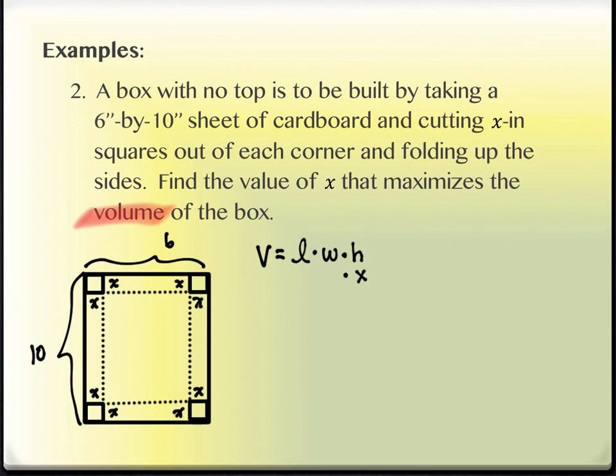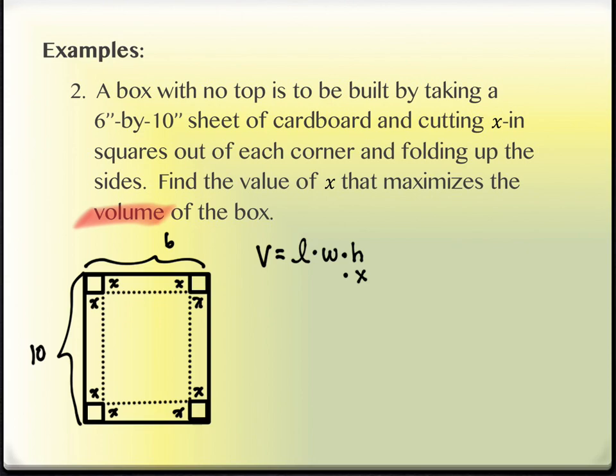The length and the width are a little trickier. They should be related to the 6 and the 10, right? But they're not 6 and 10. Why isn't the width 6? It's 6 minus something. I've cut corners out, but it's not quite 6 minus X. It's 6 minus 2X because I've cut out 2 corners.